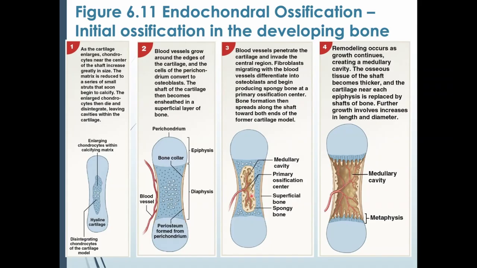Okay, you can see that going on here, where basically the bone development, that's the primary spot that it's happening first. Alrighty, so as the remodeling occurs through growth, as the individual gets older, you're going to get an increase in the length of the bone and the diameter of the bone.